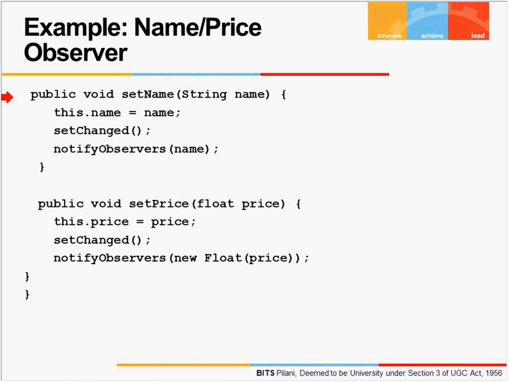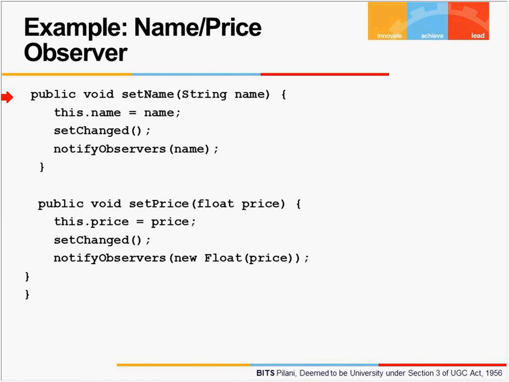When set name or set price are invoked, that means there is a change in the state of the subject. The state of the subject is defined in this case in terms of two attributes that it has, name and price, right? When there is a change in the name or price of the subject, the observers are to be notified.